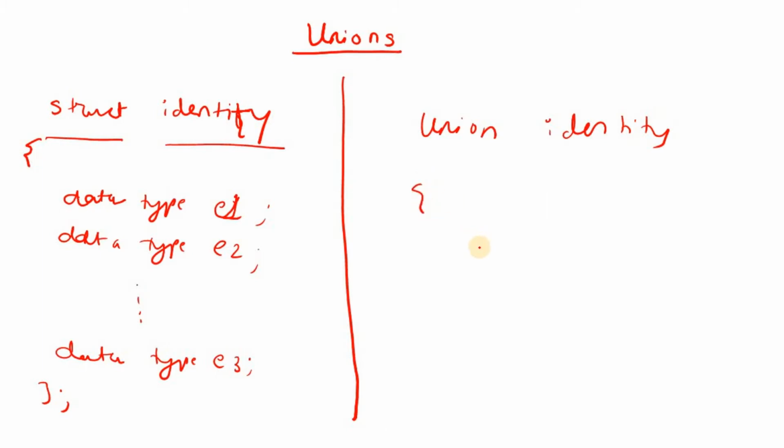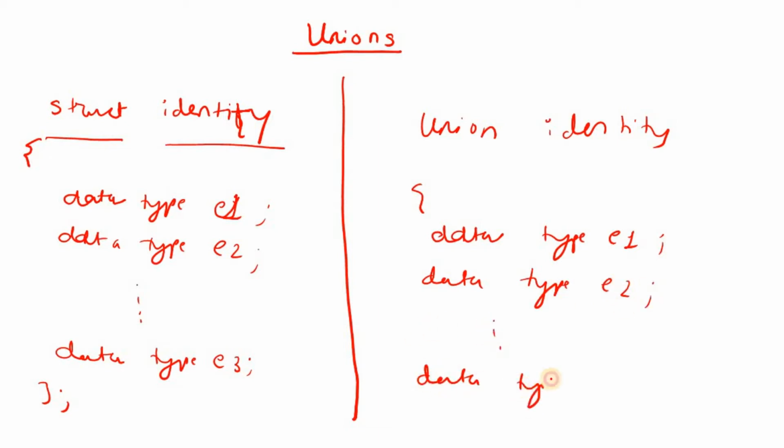Here in the syntax: data type element 1, data type element 2, and so on, data type element 3, semicolon. Here is the syntax of structure and here is the syntax of union.